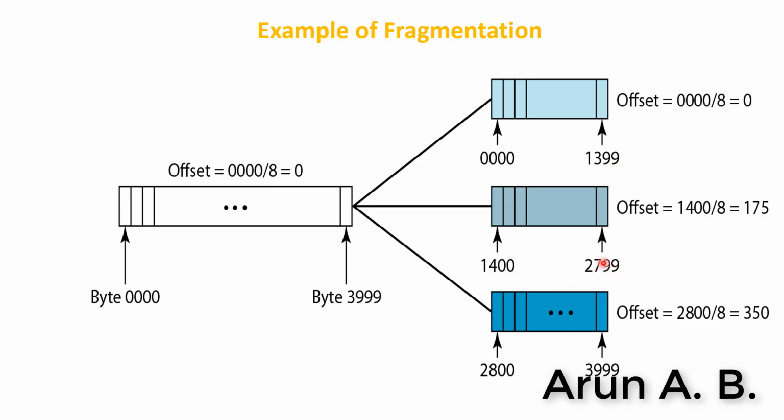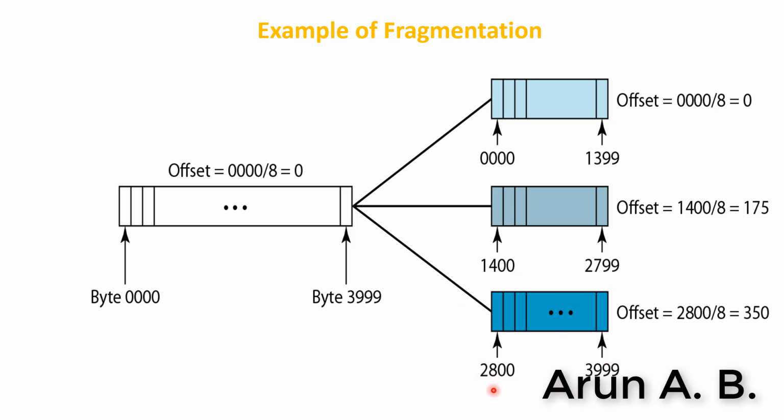So 1400, 2800: this indicates 1400 plus 1400, two packets, first packet and second packet. So in total it is now 2800. Out of 4000, if I subtract this 2800, the leftover amount is just 1200.